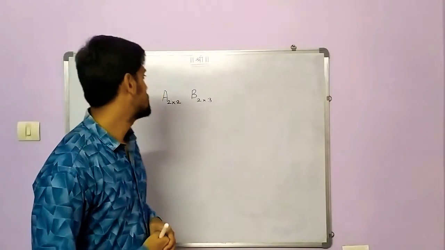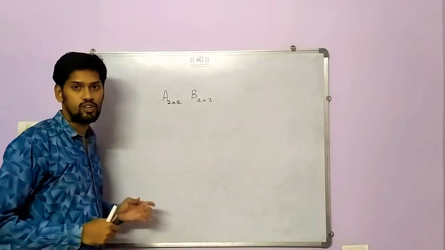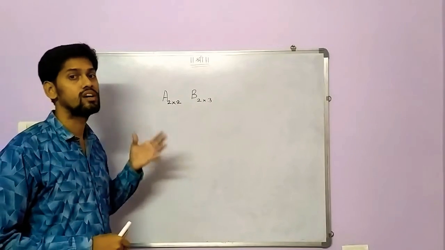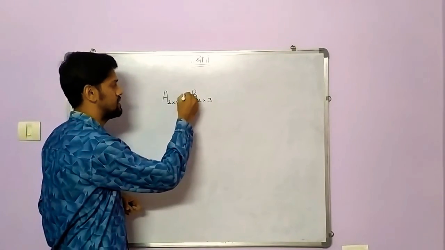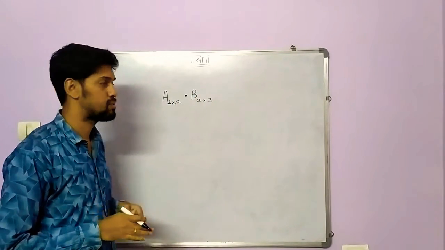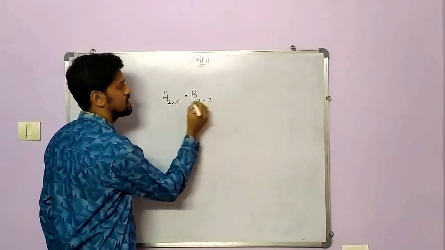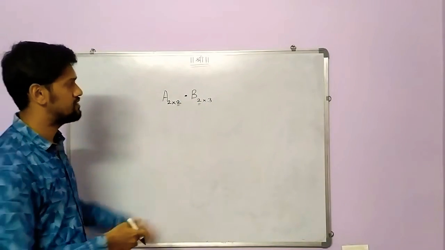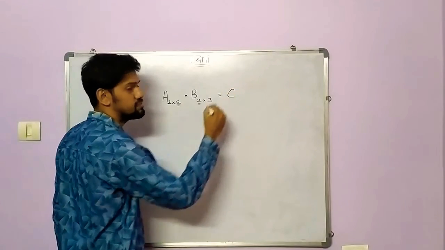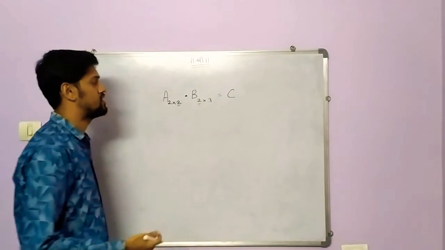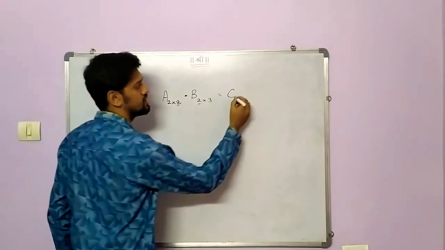Now if we have two matrices, matrix A having order 2 by 2 and matrix B having order 2 by 3, and we multiply these two, first we will check if it is possible. Yes, it is. The answer that we get after multiplication, which is matrix C, will have the order 2 by 3.